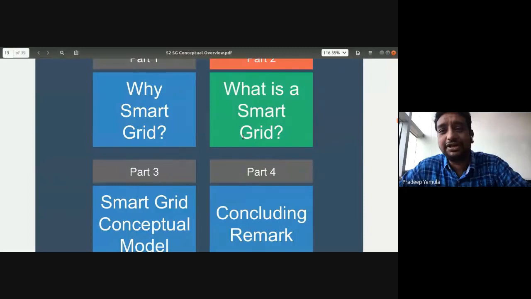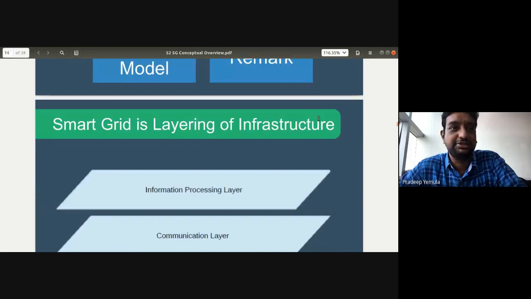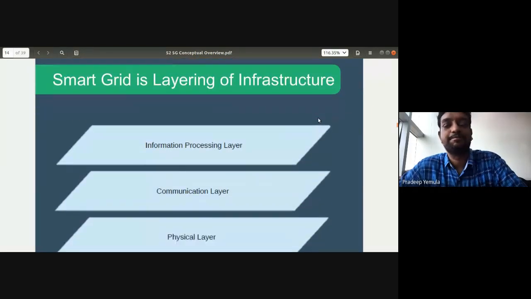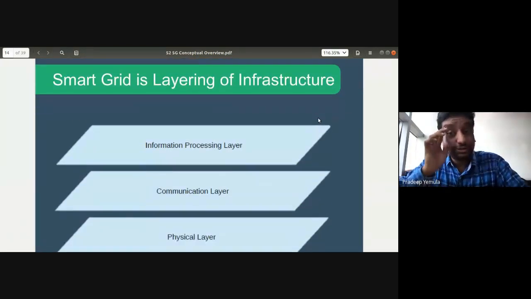Now, so far, I have discussed why we need a smart grid, but what exactly is a smart grid? Let's discuss that. Now, smart grid is a layering of infrastructures. So think of having a physical layer at the bottom.